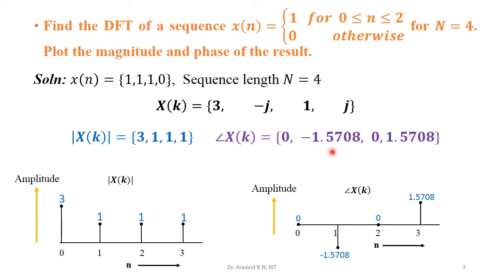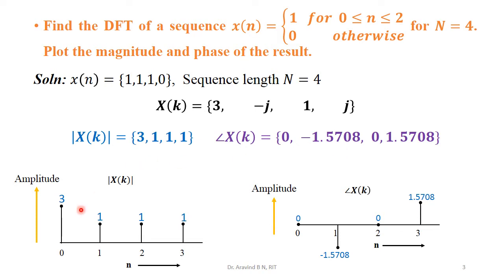In both of them we can keep, and both of them are going to be correct answers. But most preferred is radians, because as a part of the lab we are going to calculate the magnitude and the phase with respect to the program. There we are going to get the answer in terms of radians. Therefore I am going to represent it here also in terms of radians.